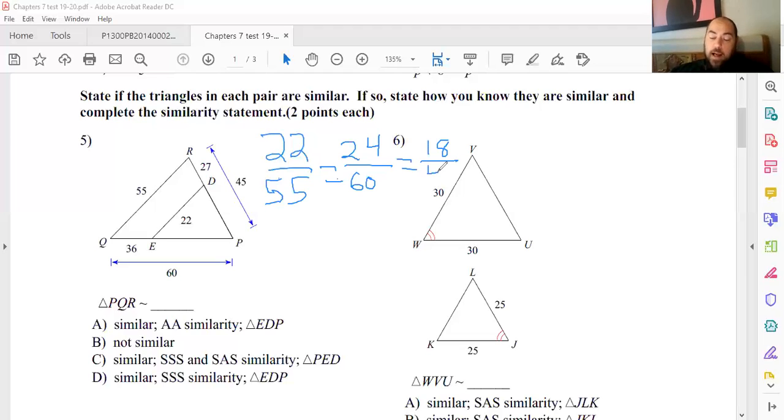So notice that we got the 24 and the 18 by subtracting this point right here from this point right here, and vice versa on the other one.